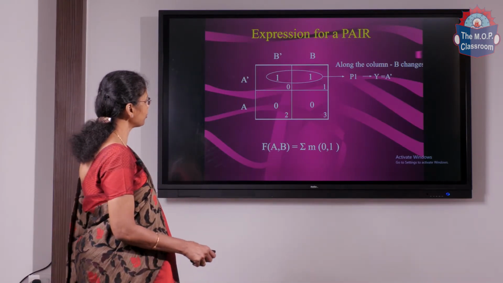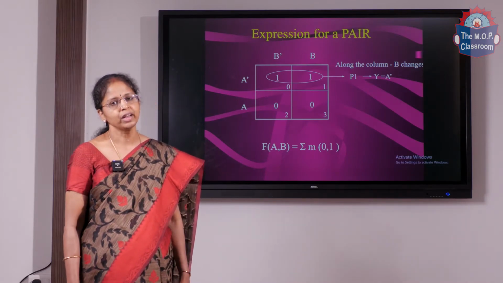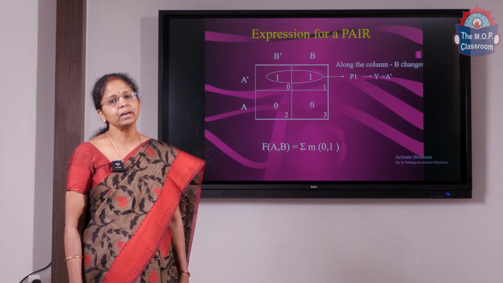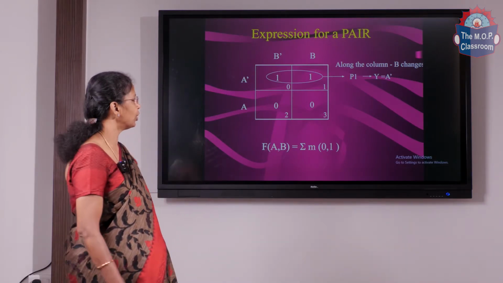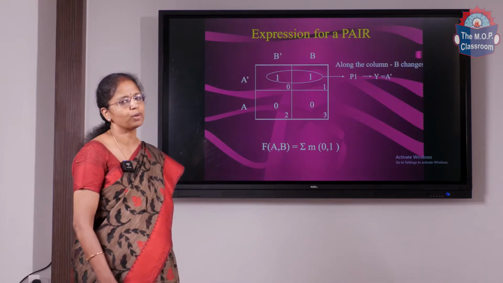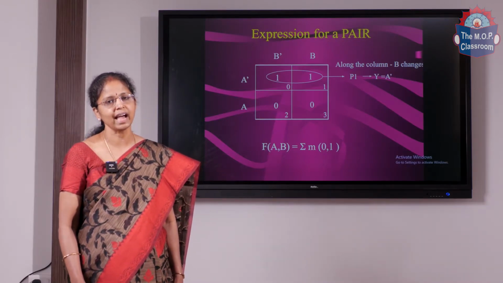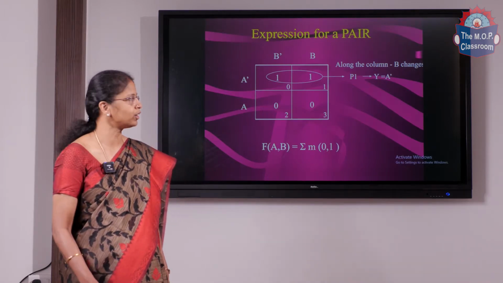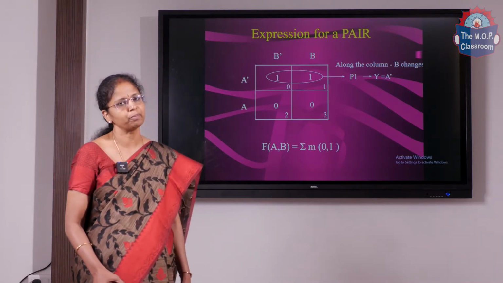So, as we move from column 1 to column 2, the column variable B changes from complemented to uncomplemented form. According to the rule, we have to drop that variable. So, we are dropping B.